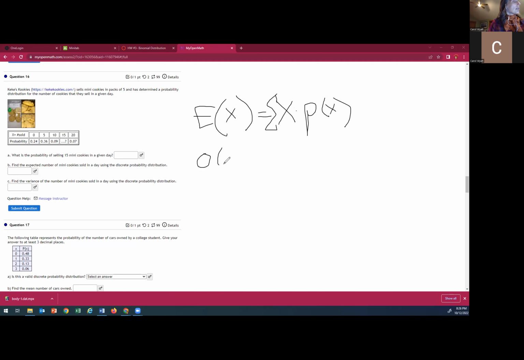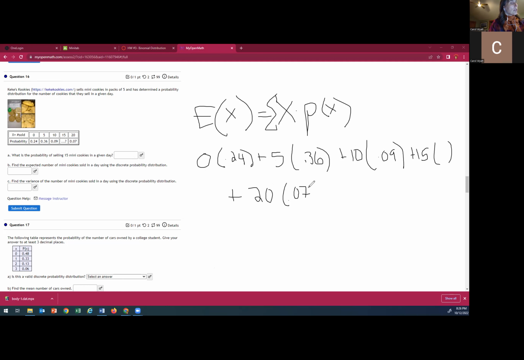So it takes 0 times 0.024, plus 5 times 0.36, plus 10 times 0.09, plus 15 times whatever you got there for 15, plus 20 times 0.07.